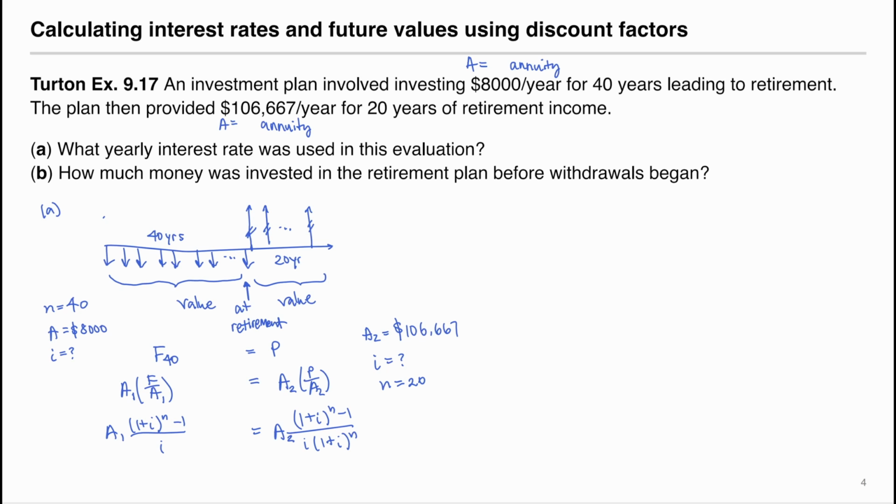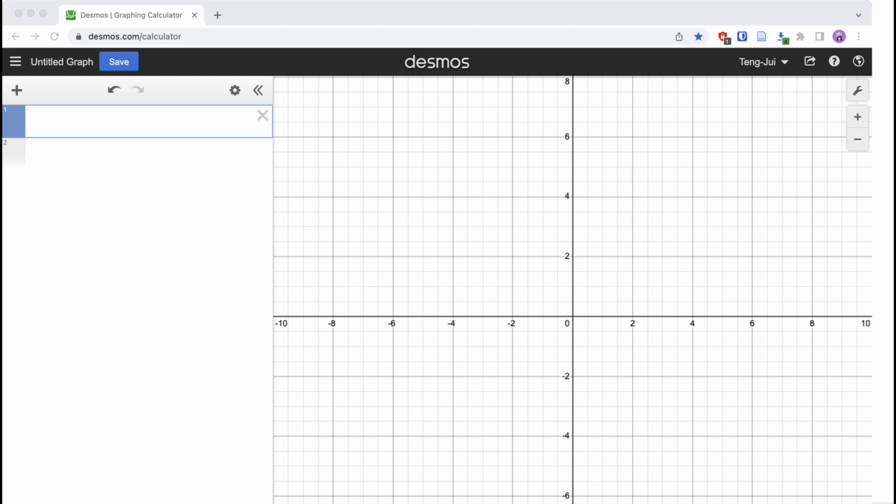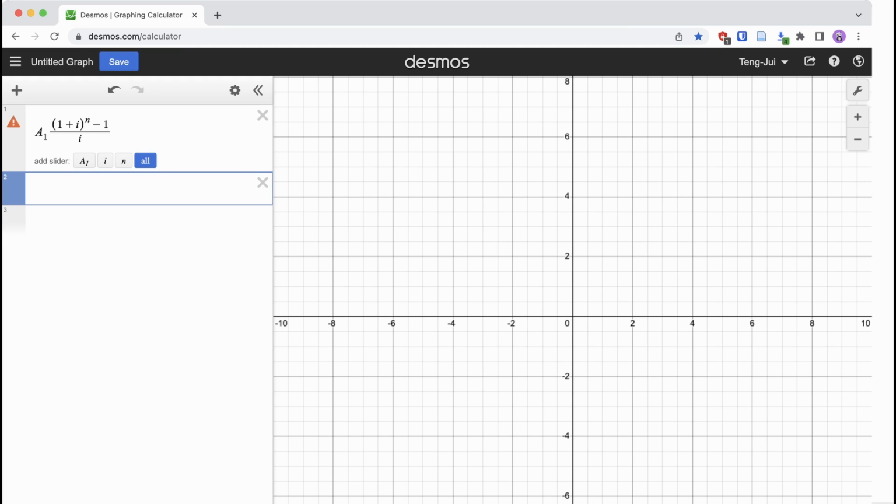So now we can solve this using a numerical method, plotting. Let's do that. Solve it with the graphing calculator. We want the left side to equal the right side. So on the left side we have A1 times 1 plus i to the n minus 1, divided by i. And on the right side we have A2 times 1 plus i to the n minus 1, divided by i times 1 plus i to the n.